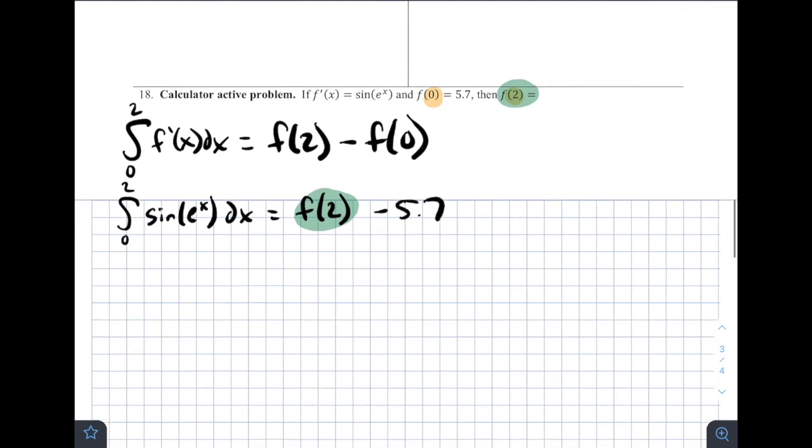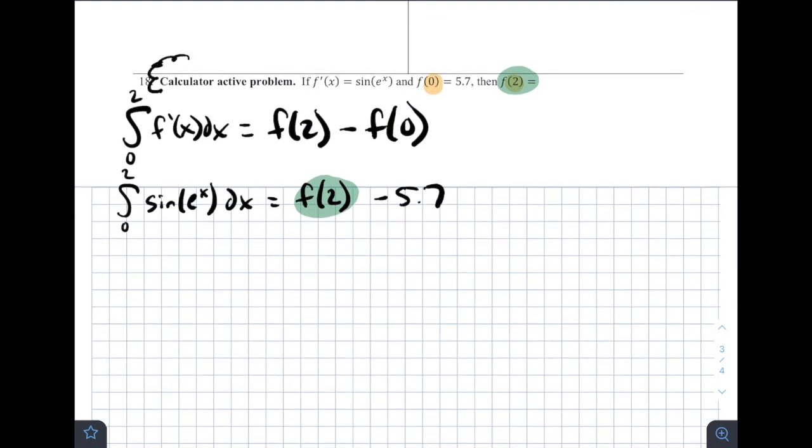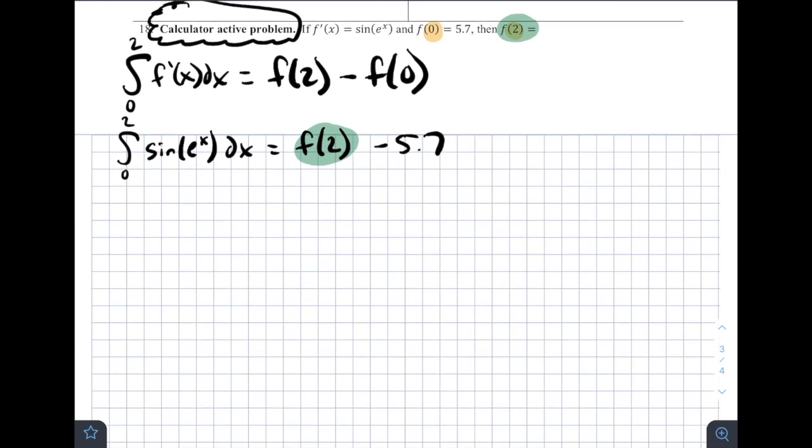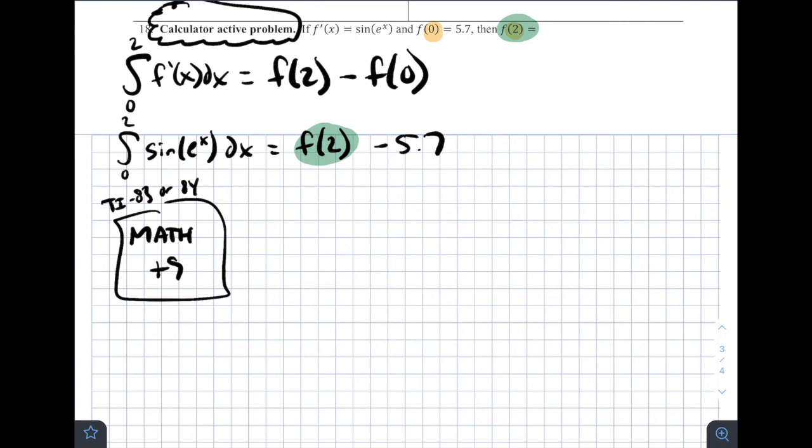Because this is a calculator active problem, I can actually use the features on my calculator, hit math and then 9 to pull up that integral on my TI-83 or TI-84 to find the value of this integral.